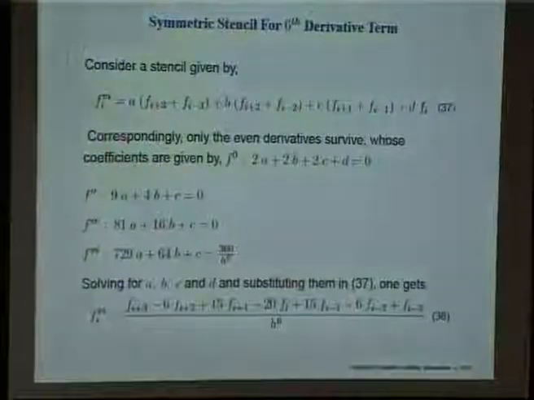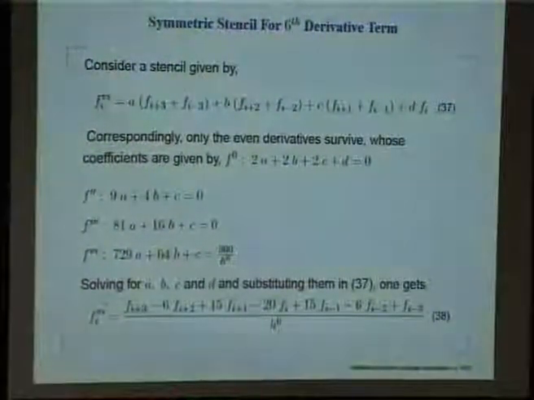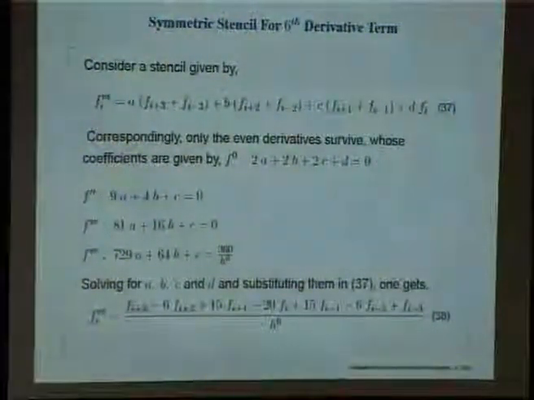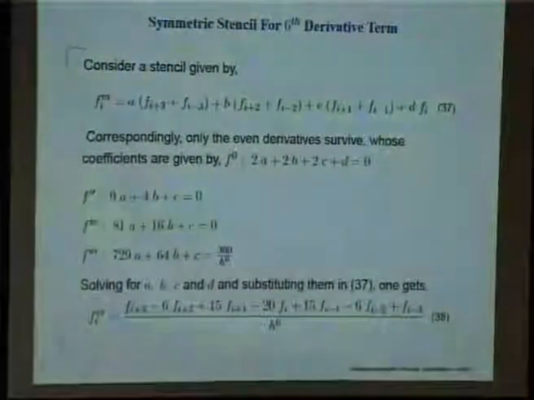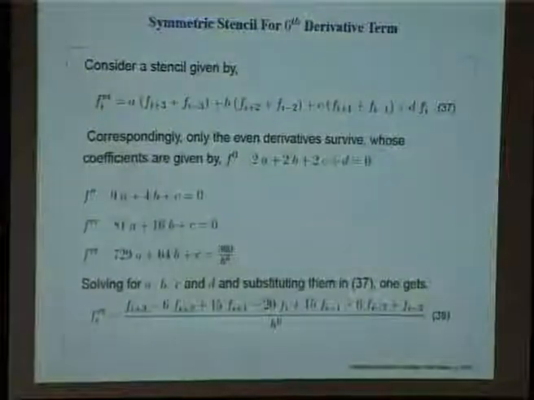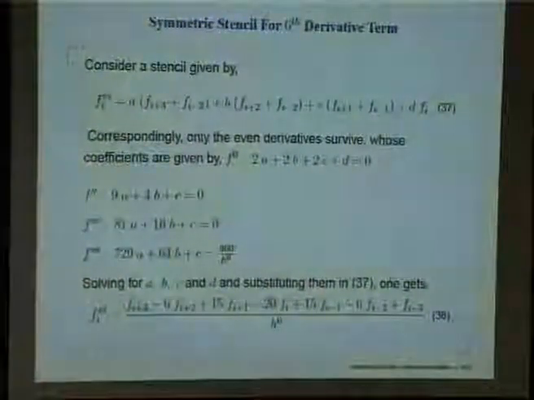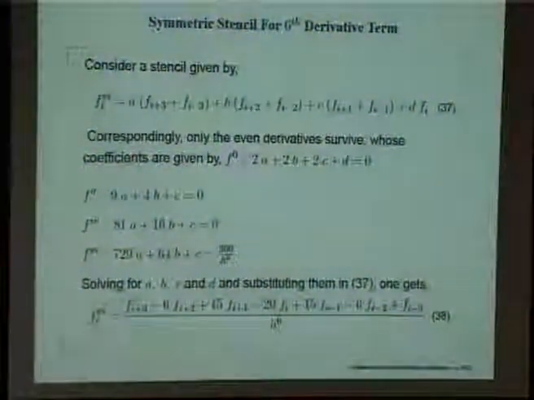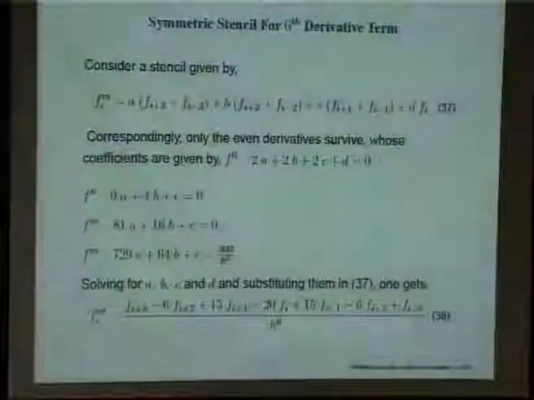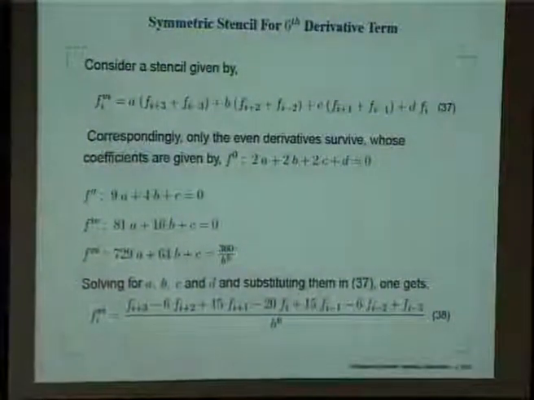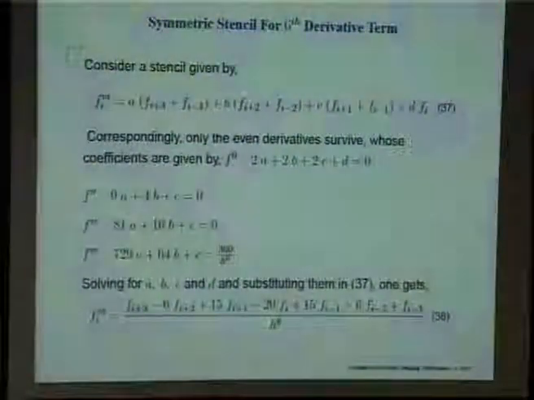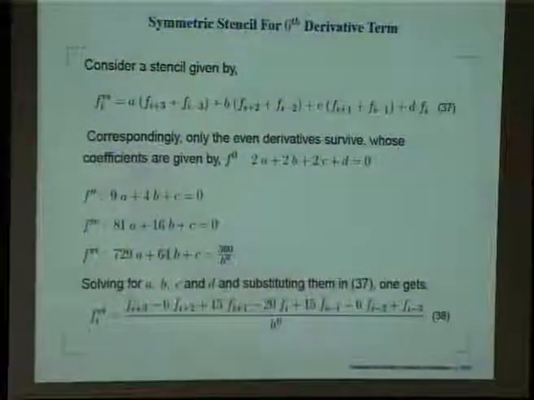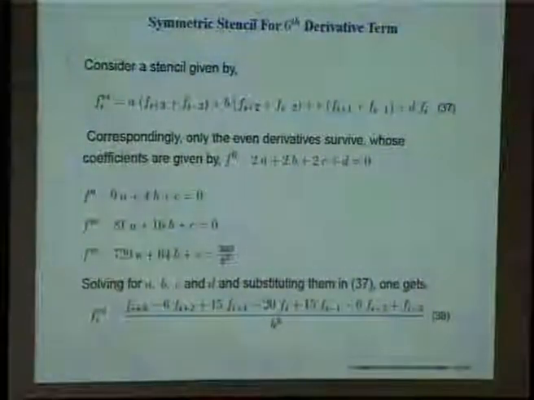So, symmetry requires these coefficients to be the same, and that coefficient has been brought out here as a, b, c, etc. And the point that I made, that if I am looking for even derivatives, I should have the point itself. So, d into f I.